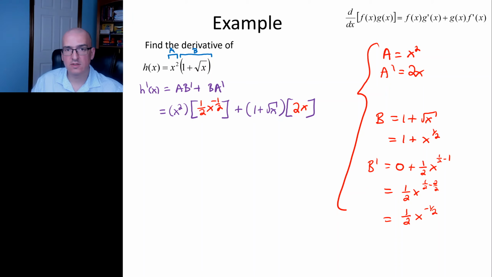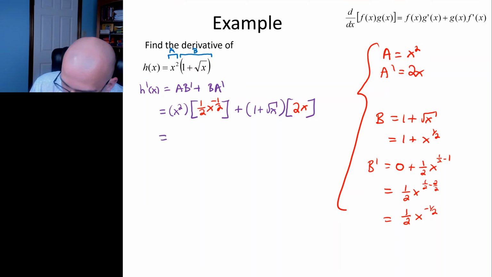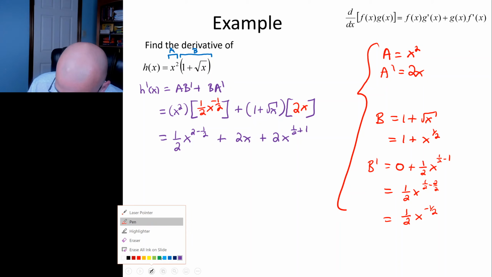That's the derivative. But let's simplify it. Let's play with it. See what comes out. So we have 1/2 x to the 2 plus negative 1/2. Using our laws of exponents, the powers are going to add. Plus 2x plus 2x to the 1/2 plus 1. I'll explain that a little bit better.